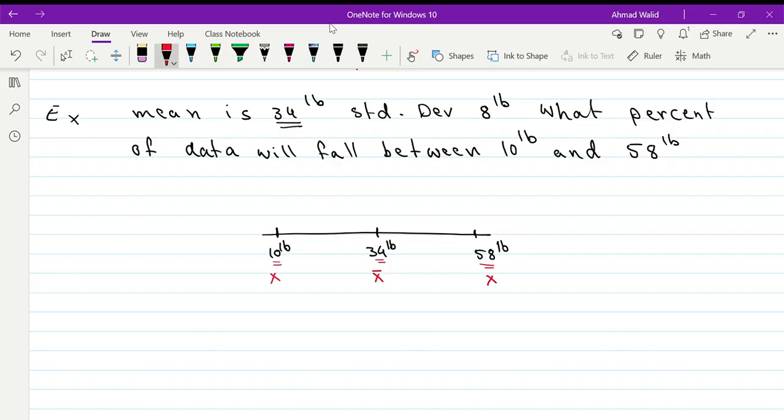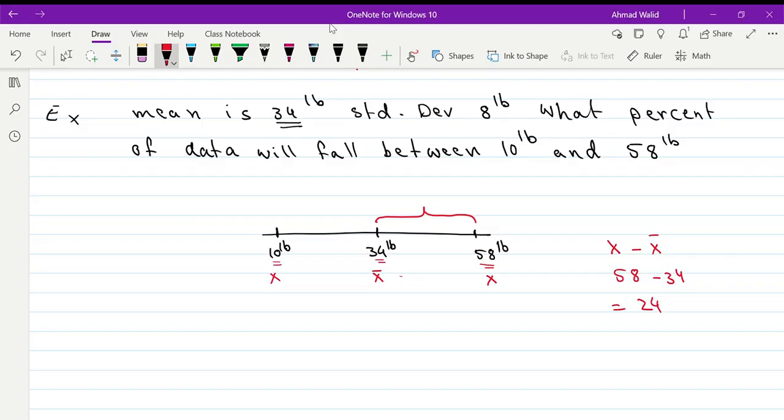To calculate that, you have to first find x minus x bar, right? This distance, you have to calculate first this distance. How much is this distance? And the formula is x minus x bar, right? It means 58 minus 34, which gives you 24.